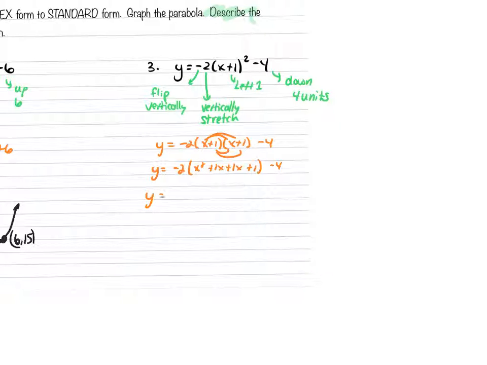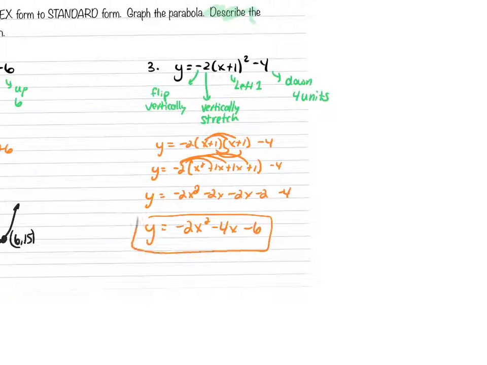Now we distribute the -2, so we get -2x squared minus 2x minus 2x, and then -2, and then there's still the -4. So at the end we can just combine our like terms. So -2x squared minus 4x minus 6. And that is our vertex form, or excuse me, our standard form.